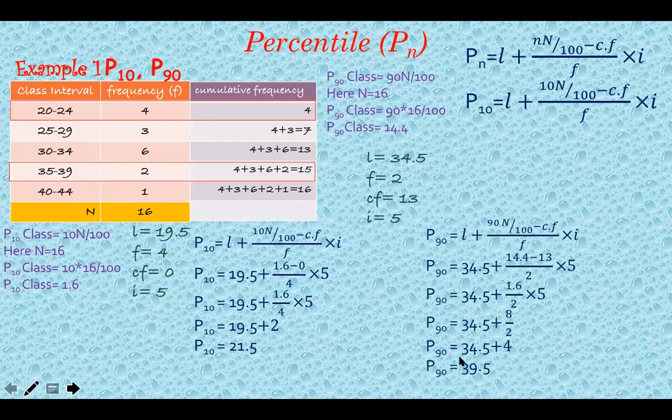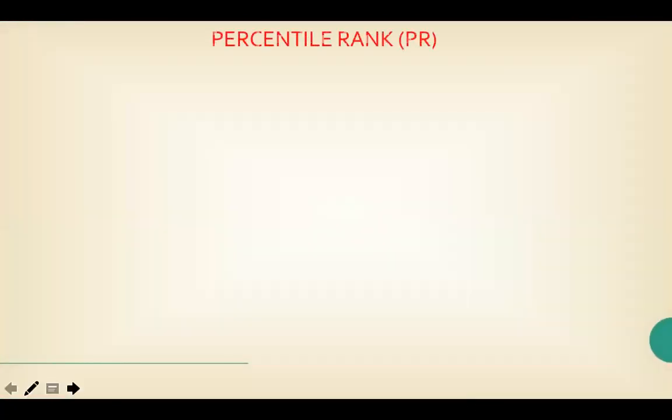So the 90th percentile is that point. Which point is it? It is 39.5. Now let us move towards the percentile rank. Percentile rank, we can say, is the point in the distribution below which a given percentage of scores or cases lie.